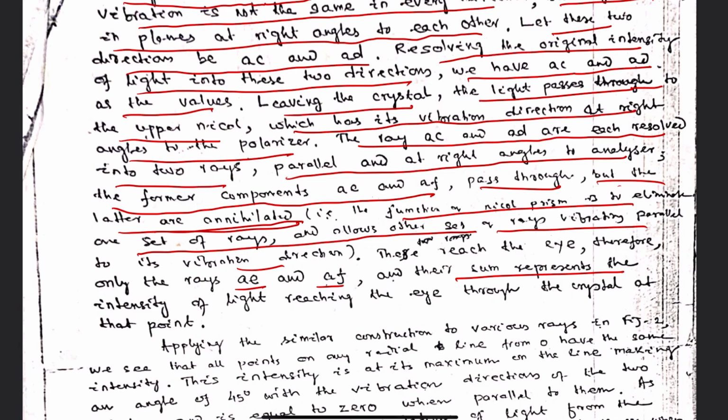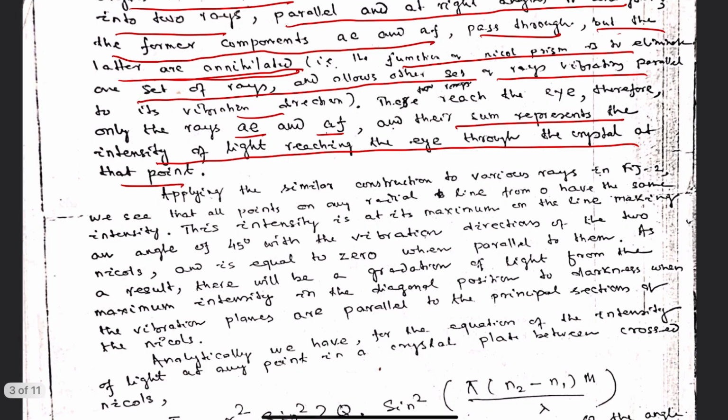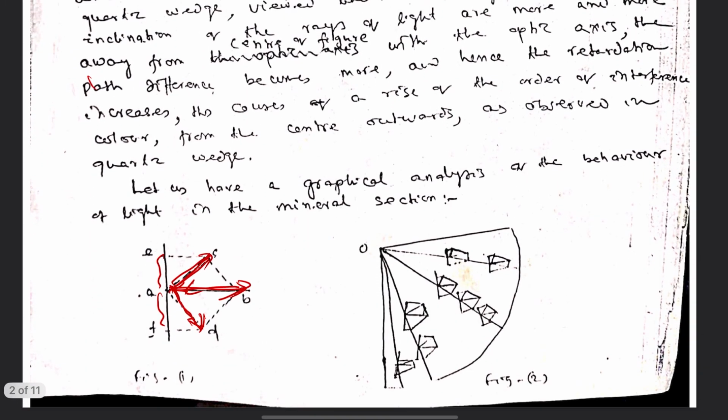If they help each other, their amplitudes add up and the intensity of light becomes more. If they cancel each other, then darkness may result. So this is one condition of how the light rays are produced, along AE and AF.